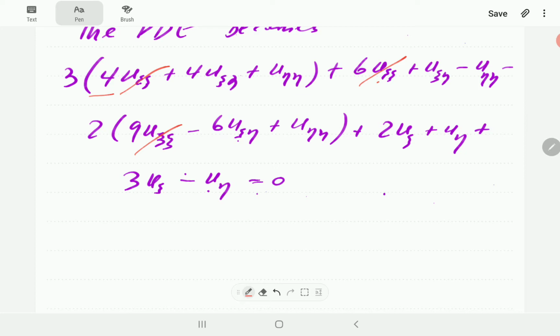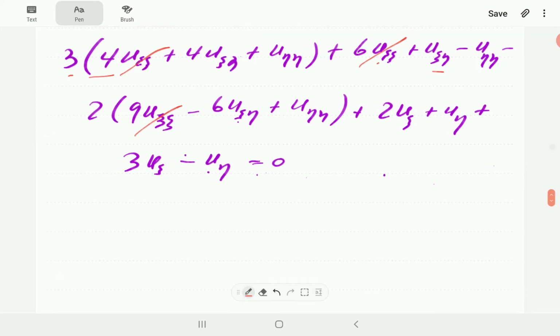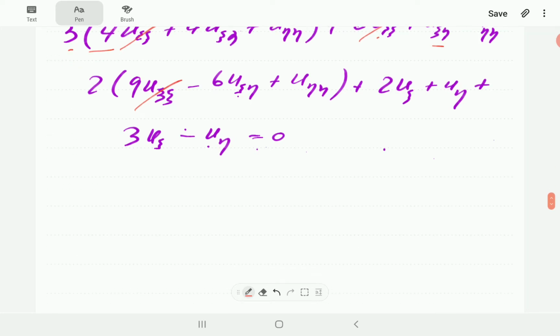Then the u xi eta terms, which we expect should give us a non-zero term, we have got 12 here, and then we have got 13 here. Then it's going to be minus 12. So that is just going to be u xi eta.